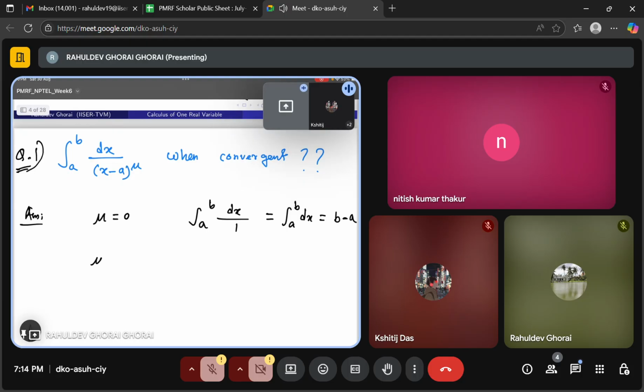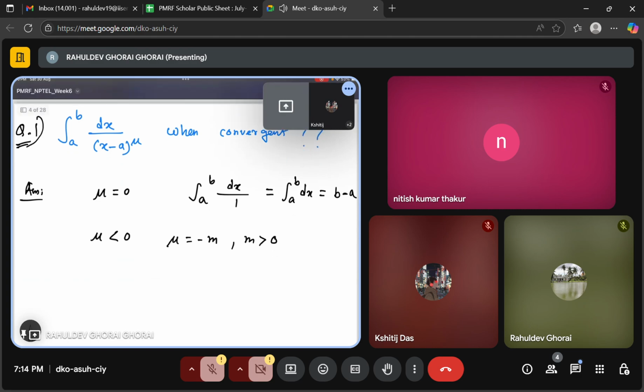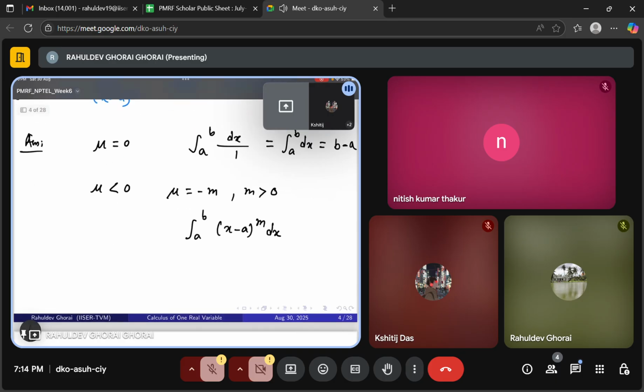Let's say mu is negative, mu is less than 0 also. When mu is less than 0, let's say mu is equal to minus m, where m is greater than 0, so you can always do it like that. In that case, it will be the integral from a to b of x minus a to the power m dx, and you can easily compute that as x minus a to the power m plus 1 over m plus 1, from a to b.